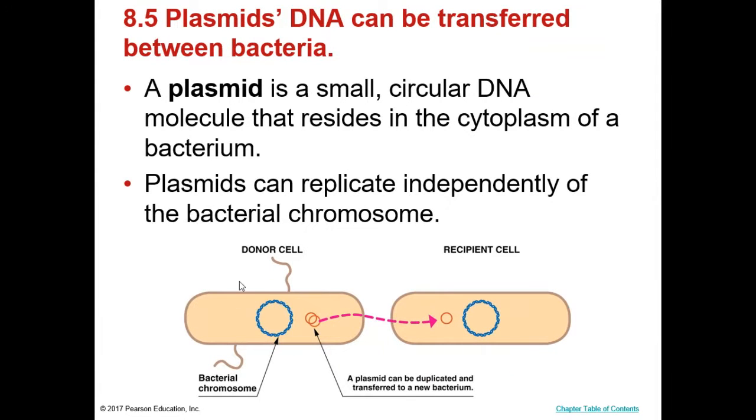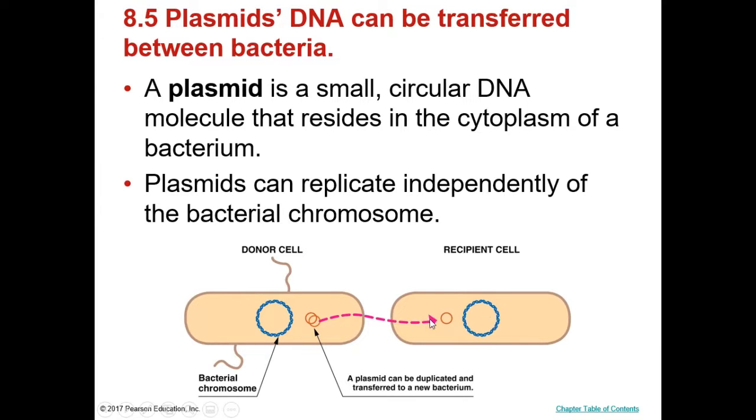The other one is plasmid transfer. Keep in mind that plasmids are smaller pieces of circular DNA inside of bacterial cells. All right, so they can be transferred from one bacterium to the other. And once there, they can be duplicated as well, right? So once they're duplicated, then the duplicate is transferred to other bacteria and so on.